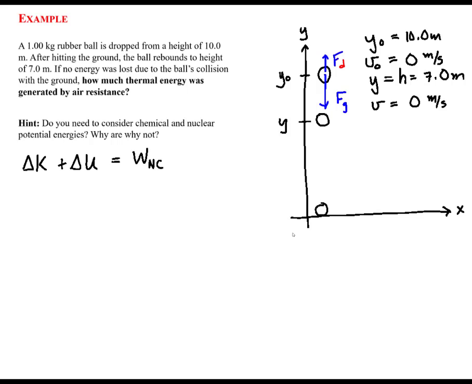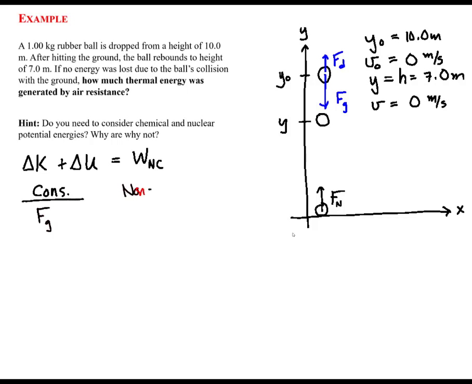There are no other forces except for the time in which the ball recoils with the ground. During that time, there is a normal force that the ground exerts on the ball. So looking at this in terms of conservative and non-conservative forces, the conservative forces, well, we have only one. That is the force of gravity.